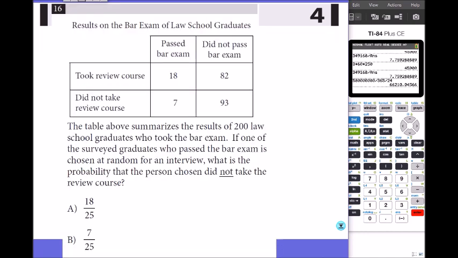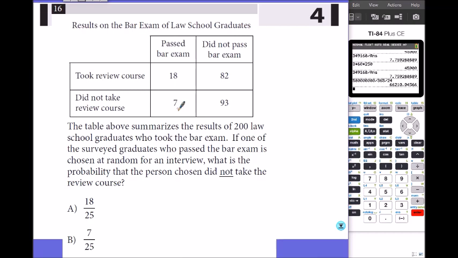16. The results of the bar exam of law school graduates: took the review course, didn't pass, did pass, didn't take the review, didn't pass, and passed. The table above summarizes the results of 200 law school graduates who took the bar exam.